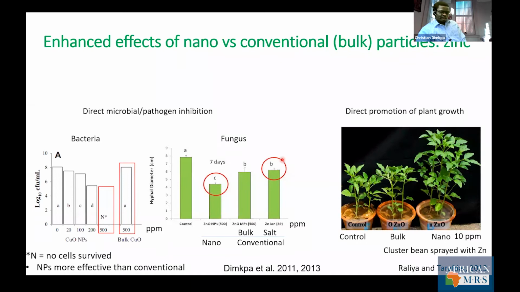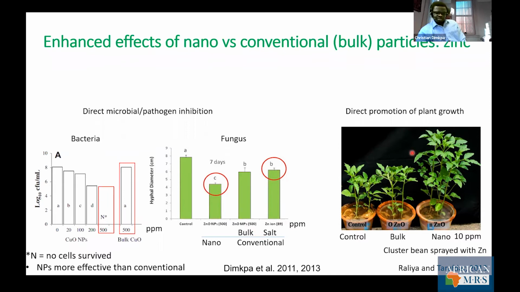So here you can simply say that there's a nano-specific effect because size does matter. Even though this material releases zinc salt like you see here, the effect of size is also there to further increase the efficiency of the zinc oxide.